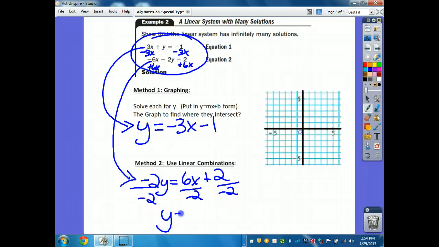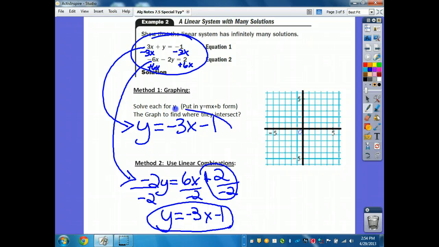Now it's in slope-intercept form. Y now equals what? Negative 3x. What do I get here? Minus 1. There. See anything familiar? They are the same line. So they're going to be here. Start at the negative 1.